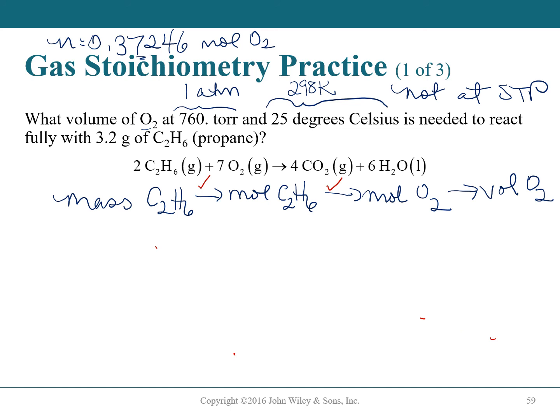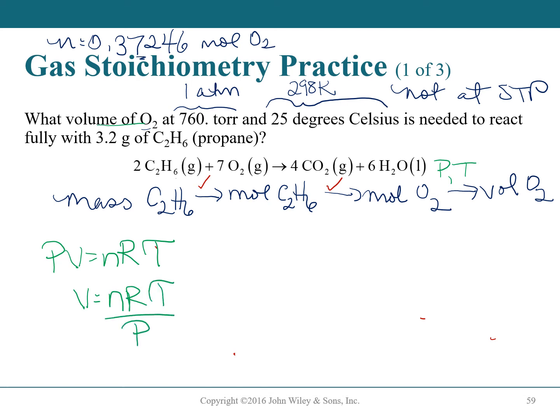Here we need our pressure and temperature, and we're going to actually use our ideal gas law. So with our ideal gas law, we know PV equals nRT. In this case, we're looking for volume of oxygen, so the volume is equal to nRT over P. So let's put in our values.